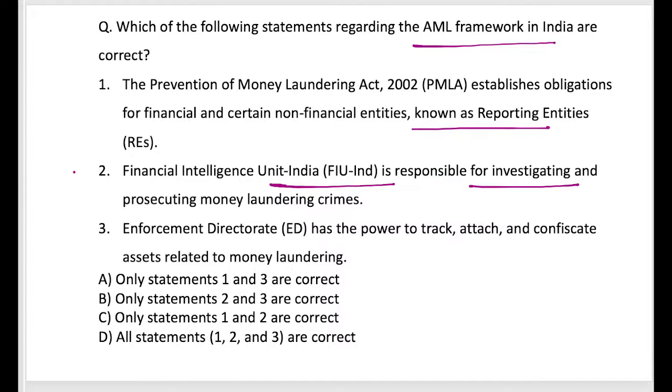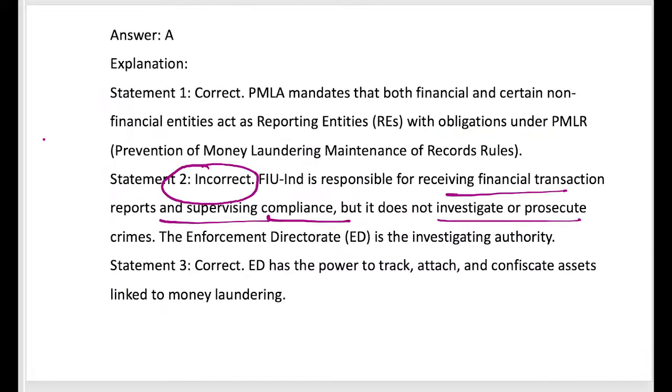No, they receive data, they do not investigate. Then ED has the power to track, attach and confiscate assets related to money launderers. So 1 and 3 should be the right answer for this one. Correct? Okay, some people are saying no. No, when it comes to financial intelligence units, they generally receive data from the bank and other institutions.